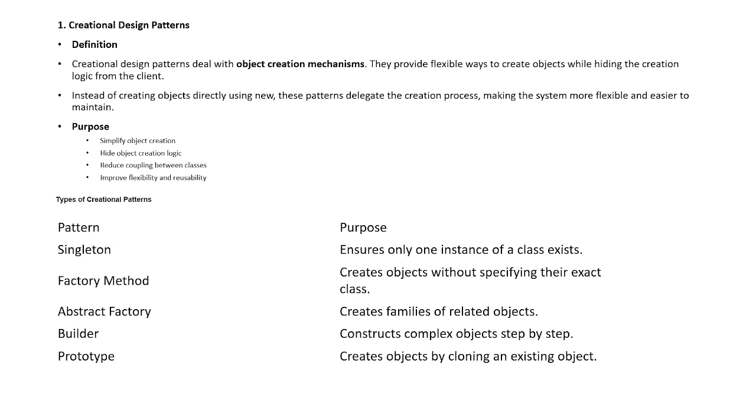They provide flexible ways to create objects during the logic, from the client end or anywhere, instead of directly creating the object with new. They provide some patterns for object creation. All the patterns in this category are creational patterns, for example singleton, factory, abstract factory, builder, and prototype.